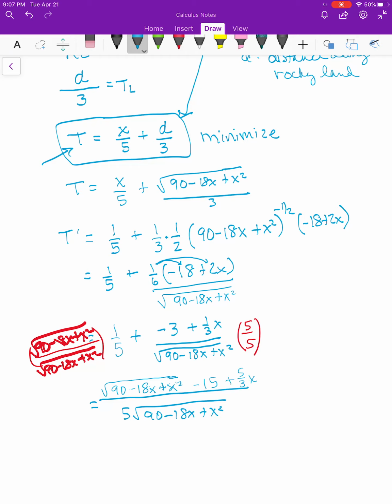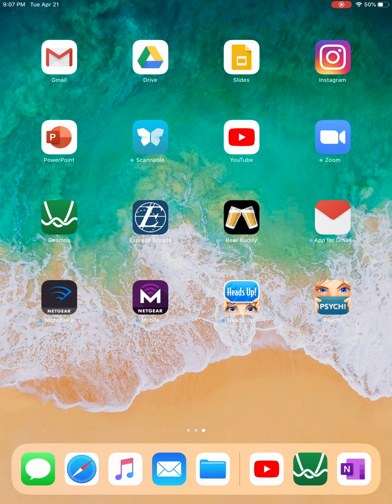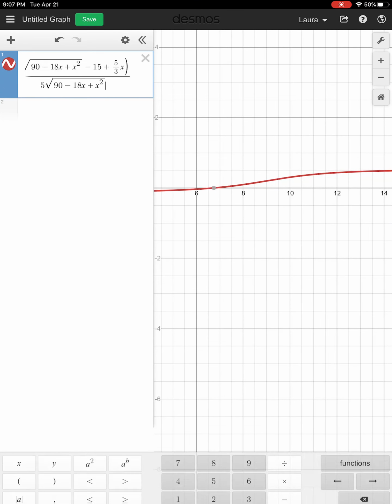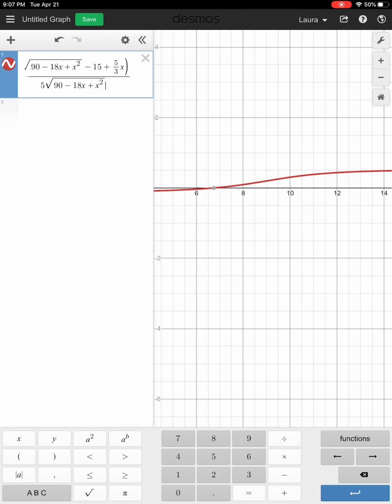And then this one just needs to be multiplied by 5 over 5, so that one has the same denominator. So when I distribute the 5, this is going to be minus 15 plus 5/3 x. And this is what we're going to set equal to 0.